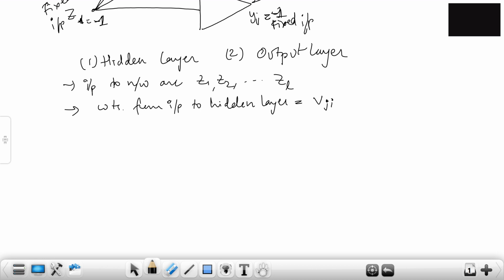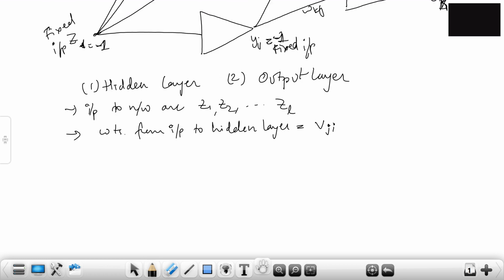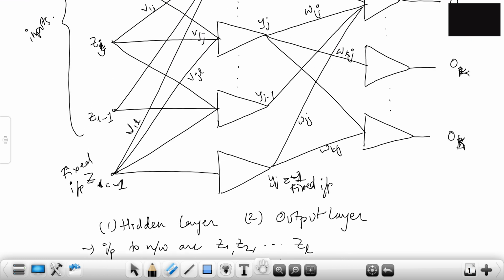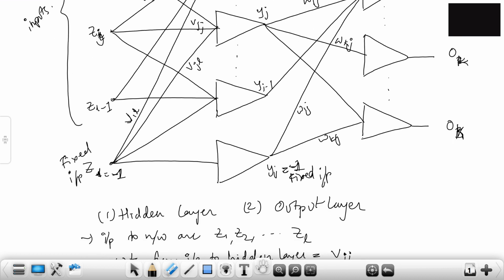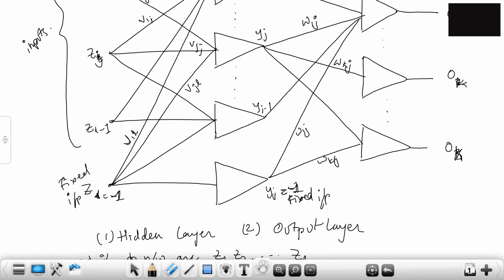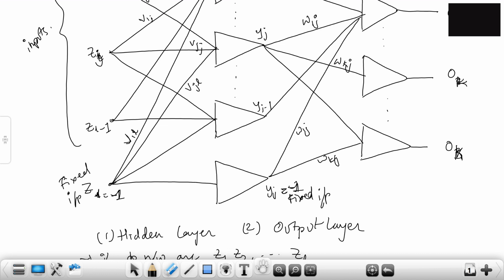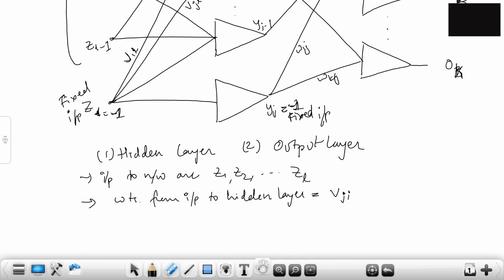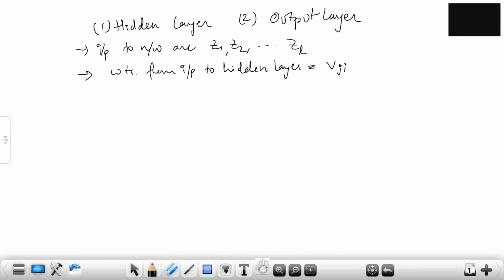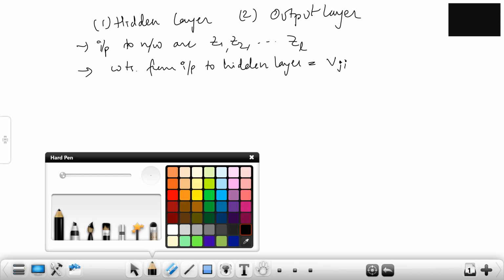Because the J layer is the center layer, the hidden layer is the jth layer, and the ith layer is your input layer. So Vji. So the weights between the input and the hidden layer are given by V over here, and W is given by the weights between the hidden layer and output layer. So this is what we write down before we start deriving.